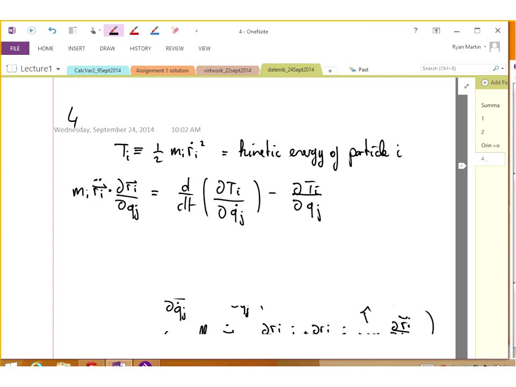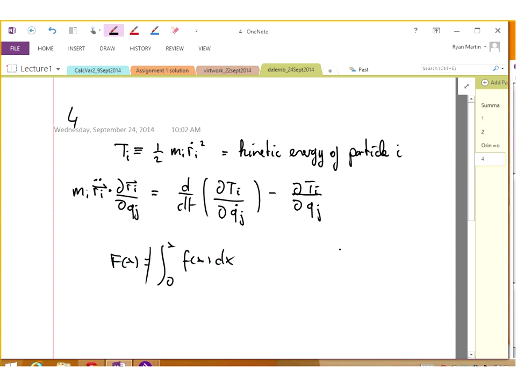Let me just do this on a scratch page here. I'm going to erase this in a second, but in principle, you shouldn't write f of x equals the integral from 0 to x of f of x dx, because that's wrong. What you should write is f of x is equal to the integral from 0 to x of f of x prime dx prime. So it's exactly the same thing with the sum. I can't use the same x inside and outside of the integral, so I can't use j and k inside and outside of the sum.